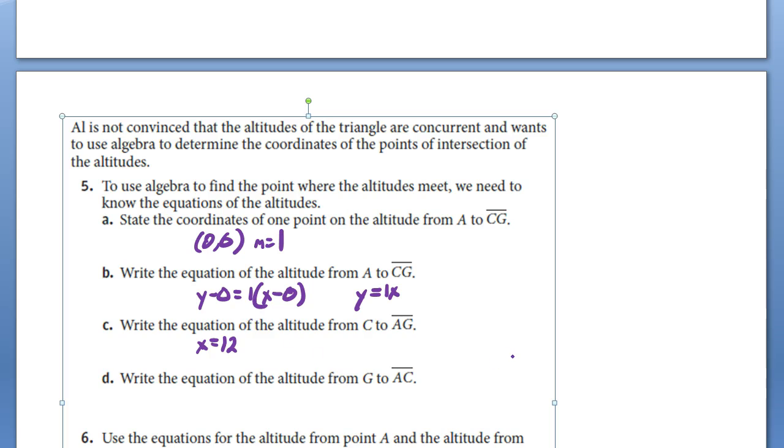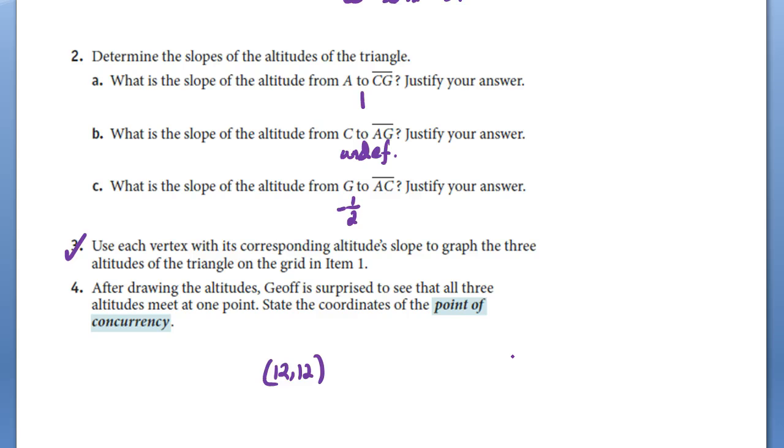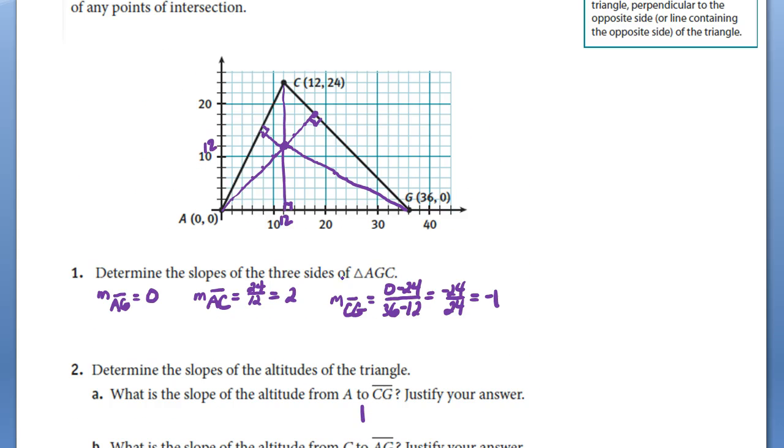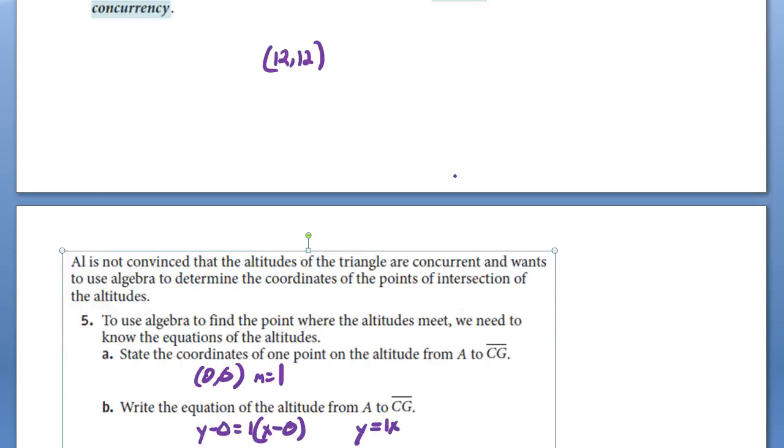Question D, write the equation of the other altitude. So one of the points that is for sure on this altitude is (36, 0), and that one had a slope of -1/2.